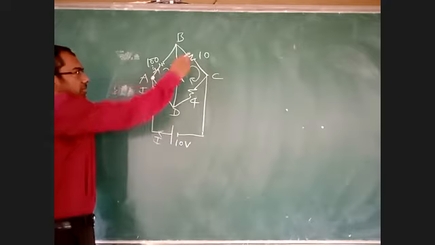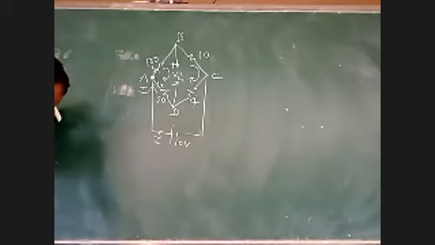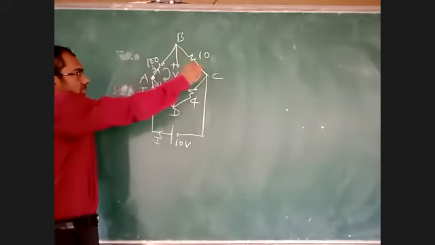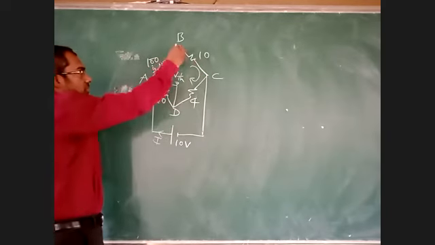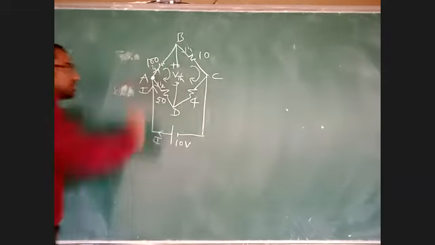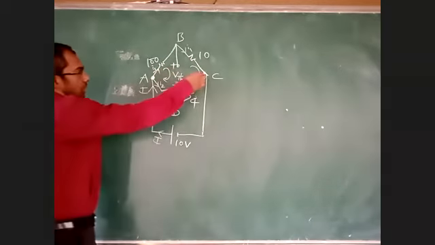That means what is the current flowing in the 10 ohm? In this branch, current is 0, but current I1 is flowing here. In series, current will be the same. Whatever current flows in the 100 ohm, the same current flows in the 10 ohm. I1.